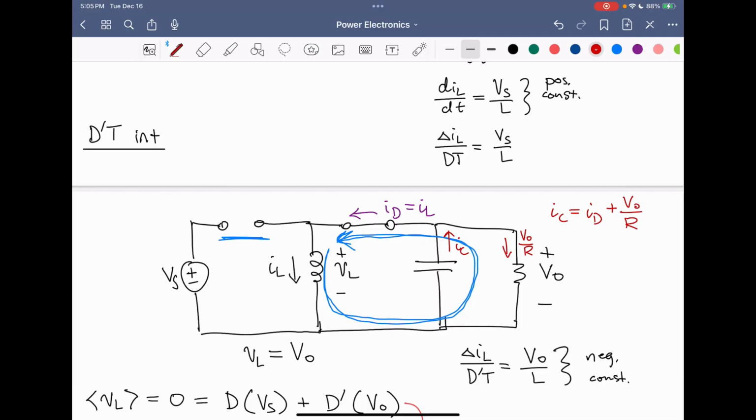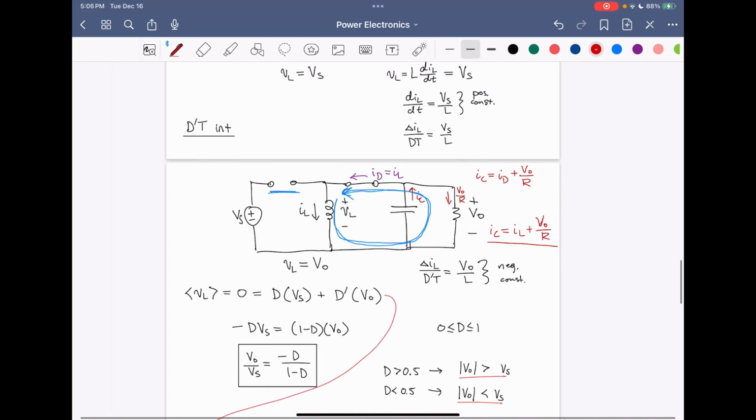The diode current is also equal to the inductor current, so we can just substitute IL for ID. So this is an expression for the capacitor current in the D prime T interval.